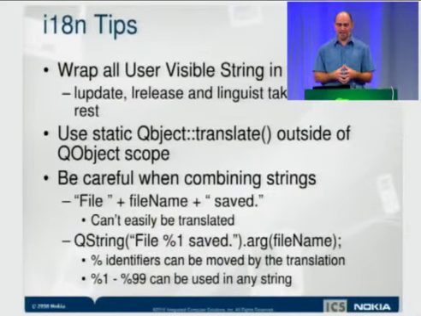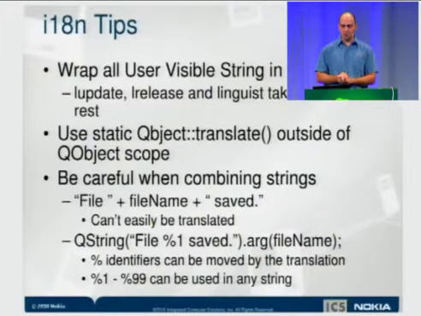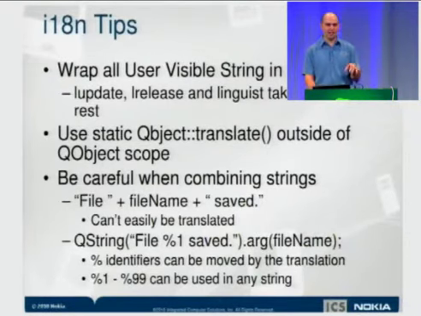What you can use is a replacement mechanism in QString. QString allows you to embed these percent identifiers. And you can use %1 to %99. And it's going to do string replacement inside the string. And your translator can move around the percents in any order they want. Qt will make sure that the replacement is done in the correct order.